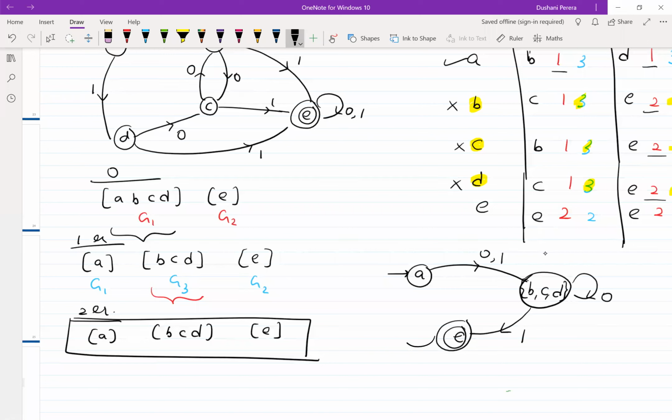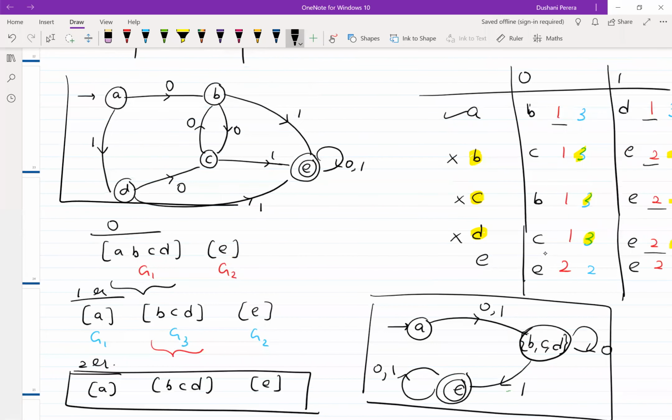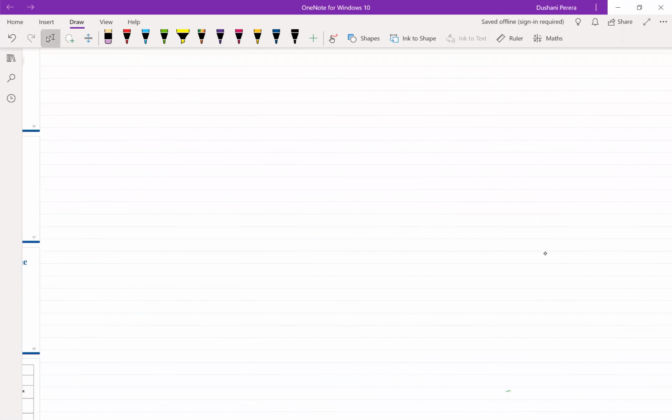Then what about E? E behaves in the same way because it's a single state. So this is the minimized DFA for this initial DFA. That is how we create a minimized version of a given DFA.